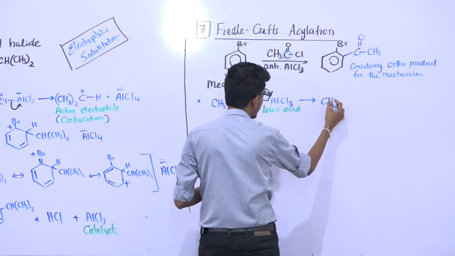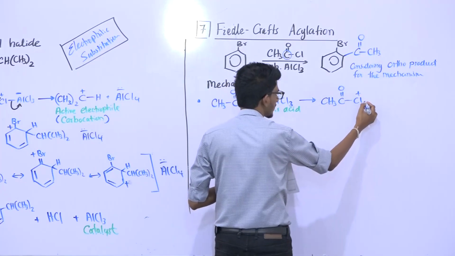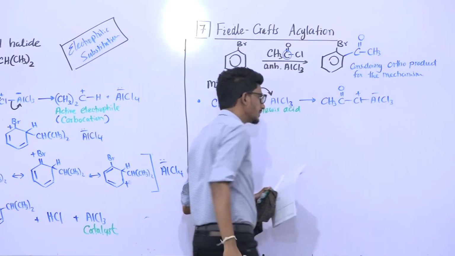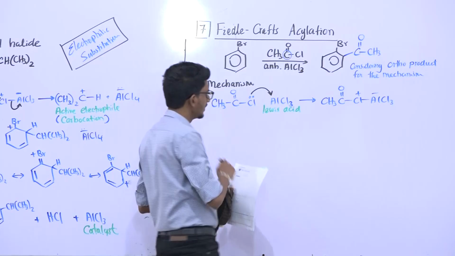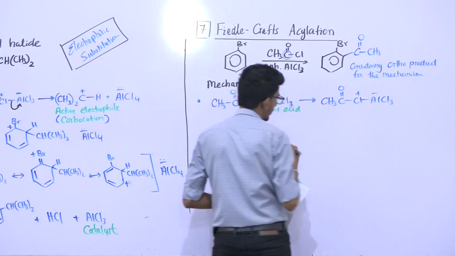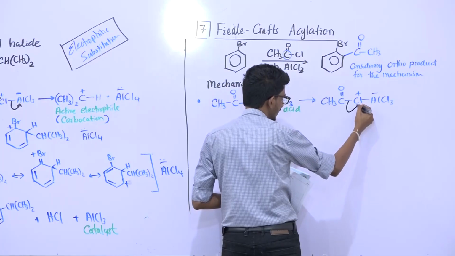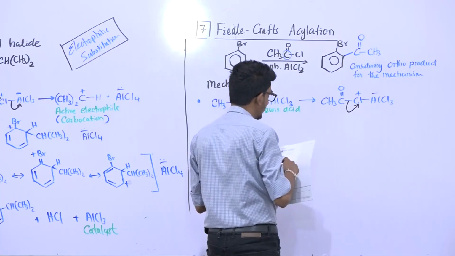First you will come up with this thing, Cl plus and the AlCl3 minus, then what will happen? So like in the earlier case, here again you will produce a carbocation like this when this comes here, right? That will happen, right?